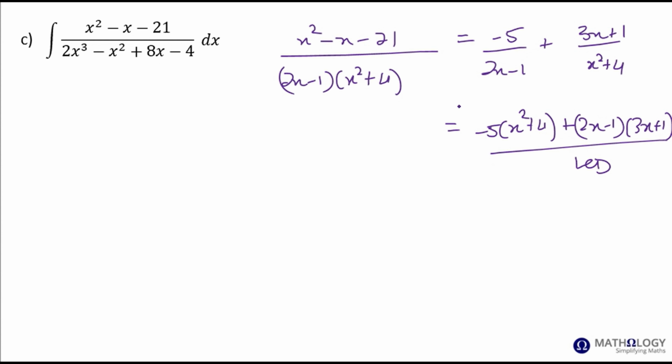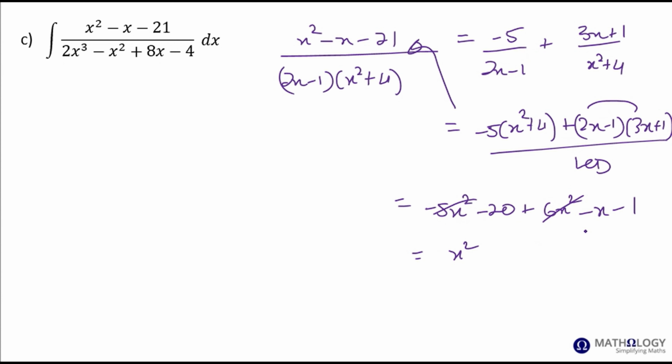We're just interested in the numerator, that it equals this expression up here. So we'll have minus 5x squared minus 20 plus 6x squared. 2x minus 3x is minus x minus 1. So we will have x squared minus x minus 21, which is exactly what we have there.